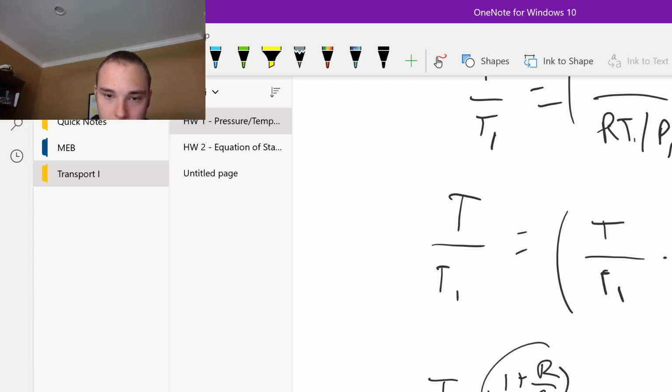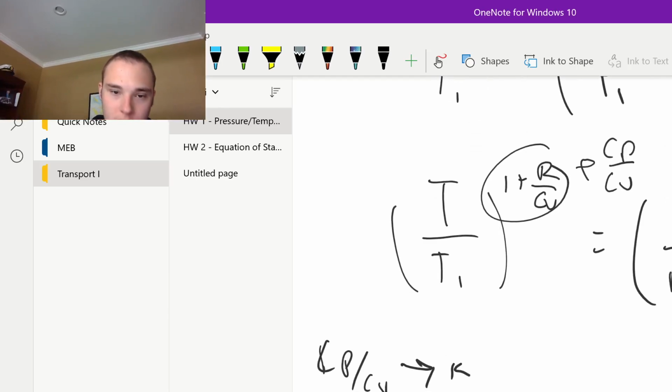And then we know that this will be equal to CP over CV from what we defined earlier, and we said that CP over CV was K. So 1 plus that, so this CP minus CV over CV, this will have to equal K minus 1.